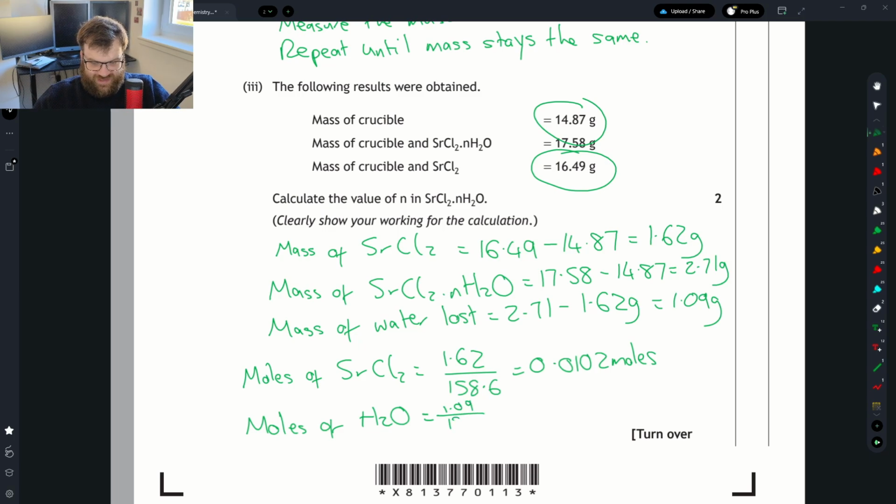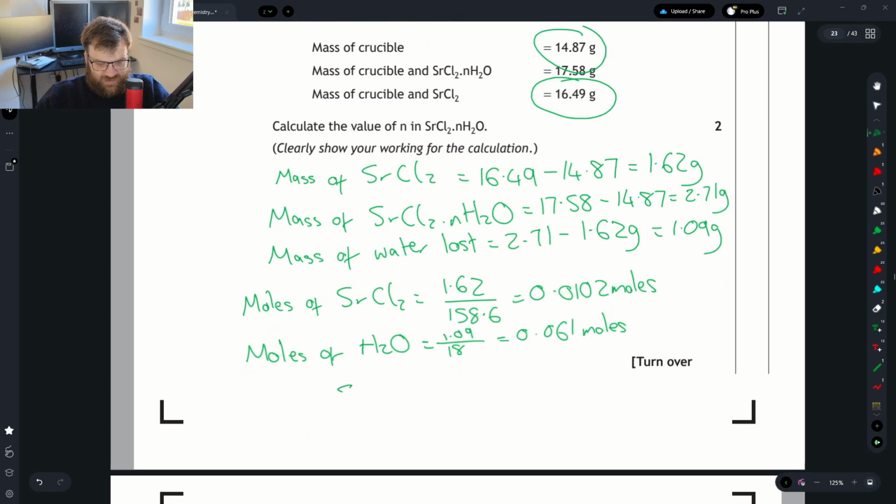Water is just 18, 16 for oxygen, and 2 for the hydrogens. 0.061 moles. Now we need to try and figure out the ratio between the two numbers and round it, just to make life even more straightforward.